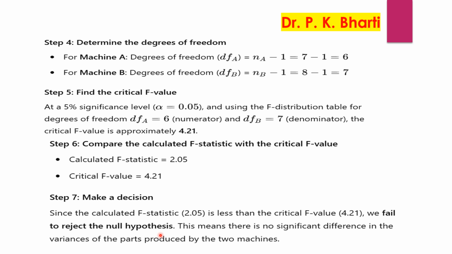That is, null hypothesis cannot be rejected. This means there is no significant difference in the variance of the parts produced by the two machines. That is, we accept the null hypothesis.